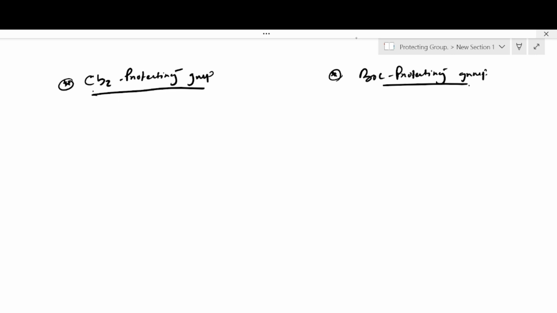So what does CBZ stand for? It is benzyloxycarbonyl, and that one is tertiary butoxycarbonyl.